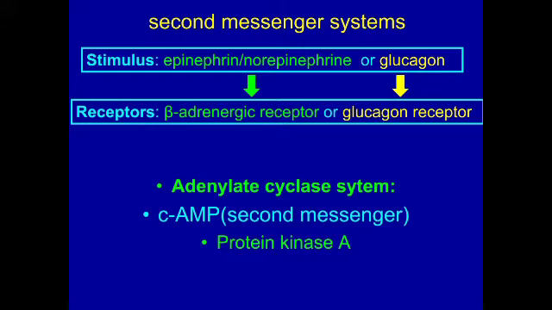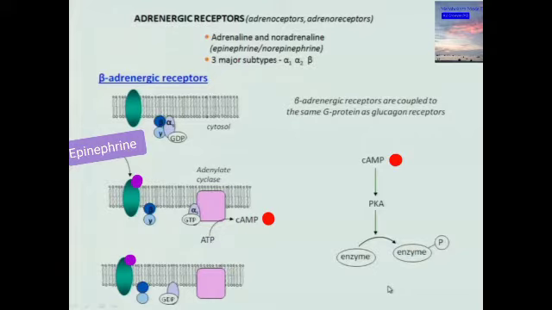Okay. So I'm going to start with the beta-adrenergic receptor, which will be essentially identical to the glucagon receptor. Let's call this entire thing here the beta-adrenergic receptor. And here's epinephrine bound to it. Don't forget, it has to be activated by the stimulus.